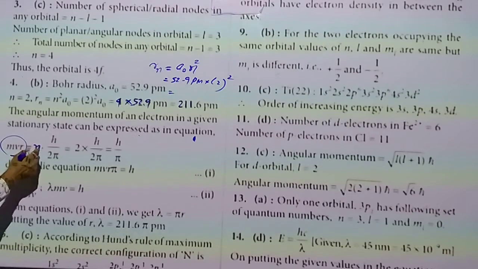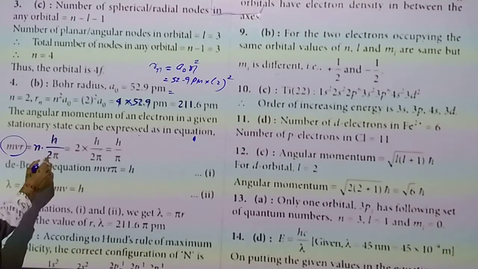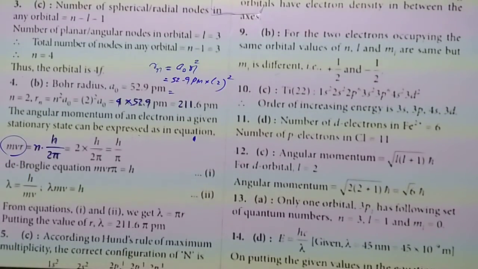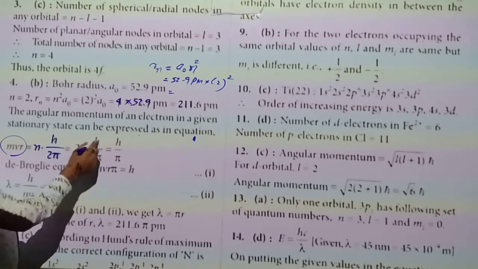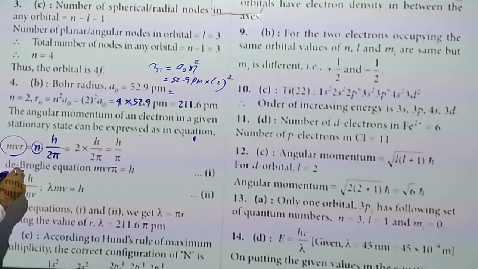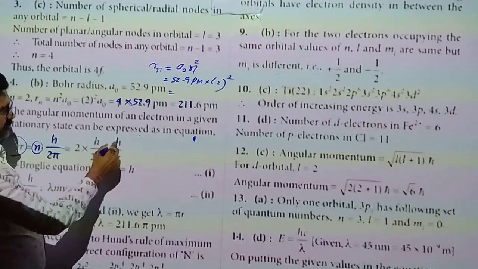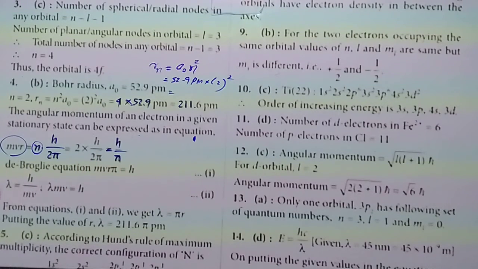Now mvr equal to nh upon 2 pi. So 2 into h upon 2 pi for the second orbit, equal to h upon pi.